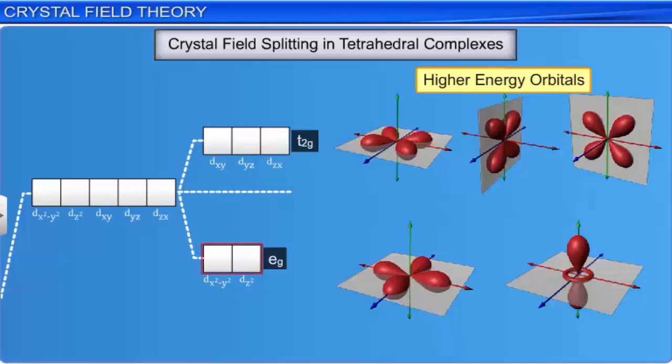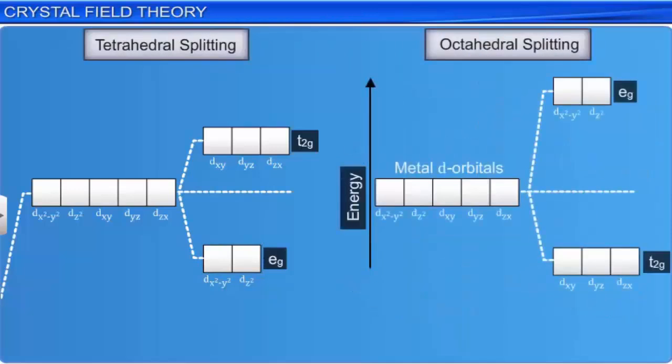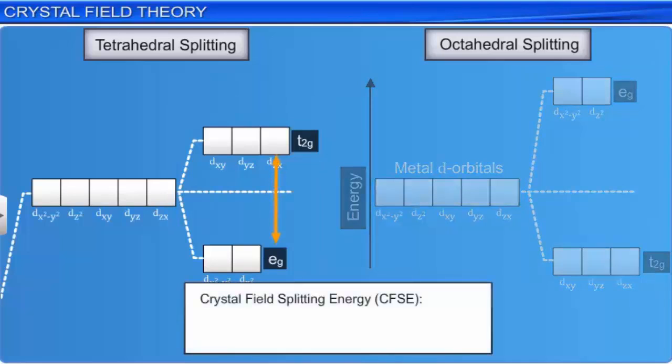You can say that the d orbital splitting in tetrahedral geometry is exactly the reverse of octahedral splitting. The crystal field splitting in tetrahedral complexes, which is denoted by delta T, is smaller than that of octahedral complexes.